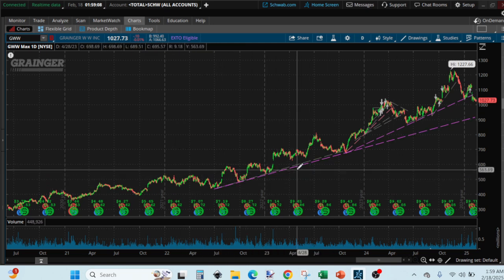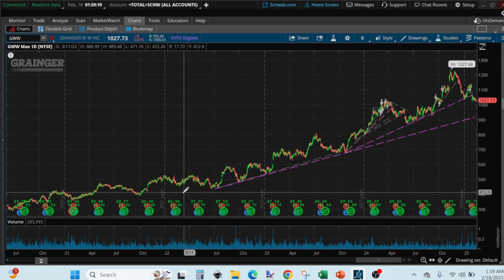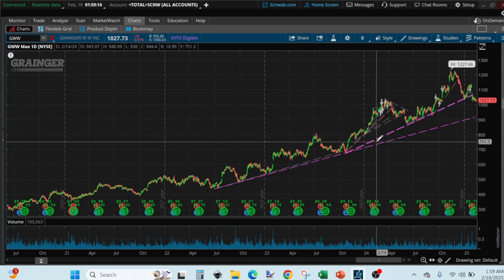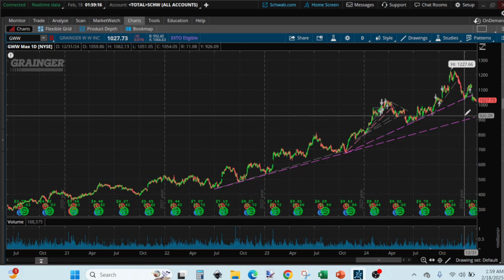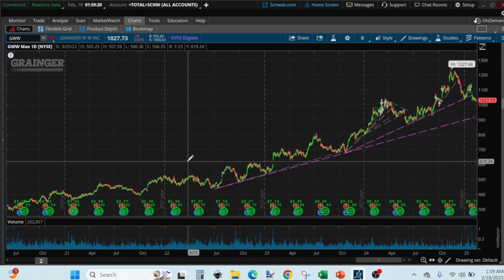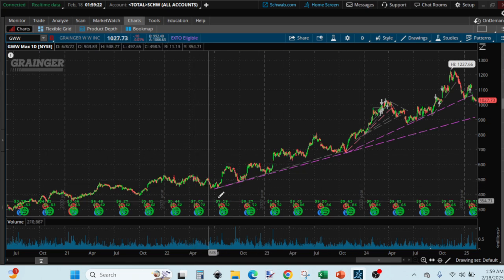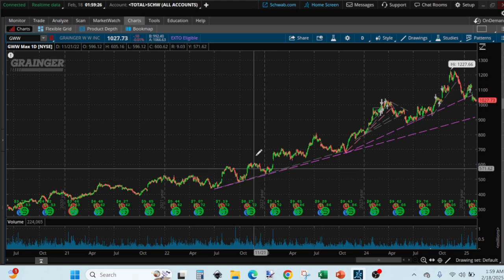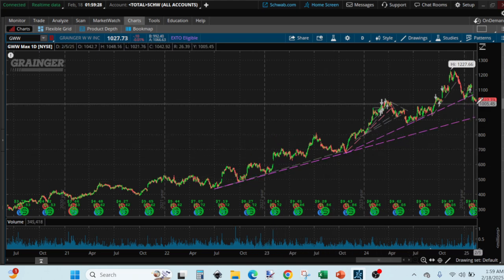Your trend lines, your support lines will be upward. So I like to call them up trend lines. You trace them because we trace them in that direction, not horizontally, but following the direction of the chart, and we trade along that trend line.